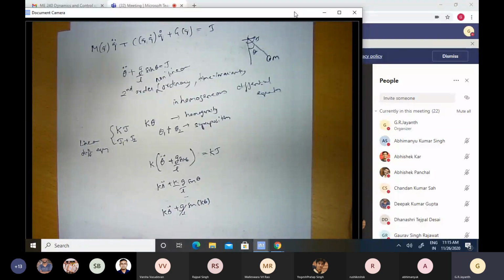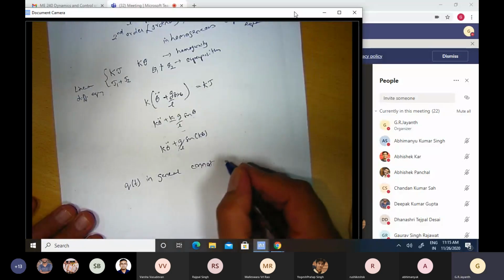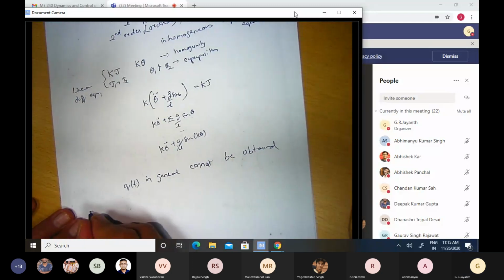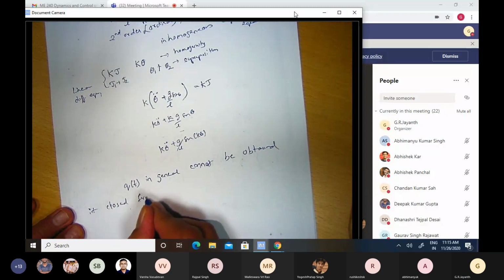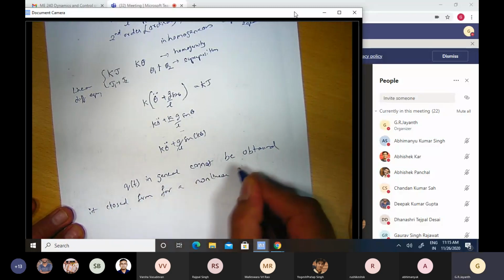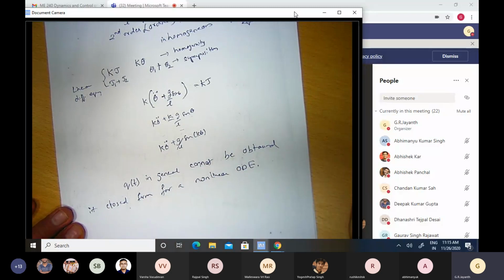So q of t in general cannot be obtained in closed form for a nonlinear ODE, ordinary differential equation.